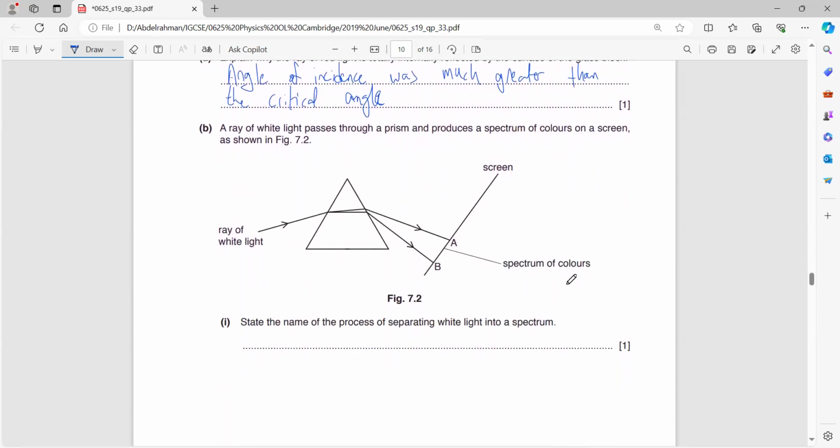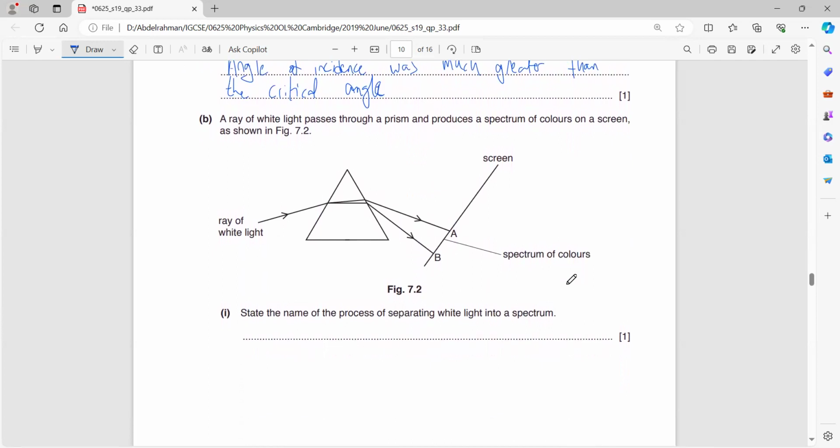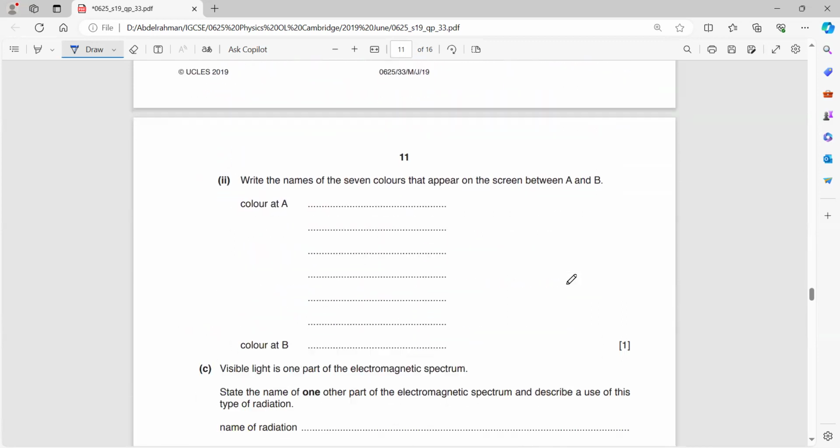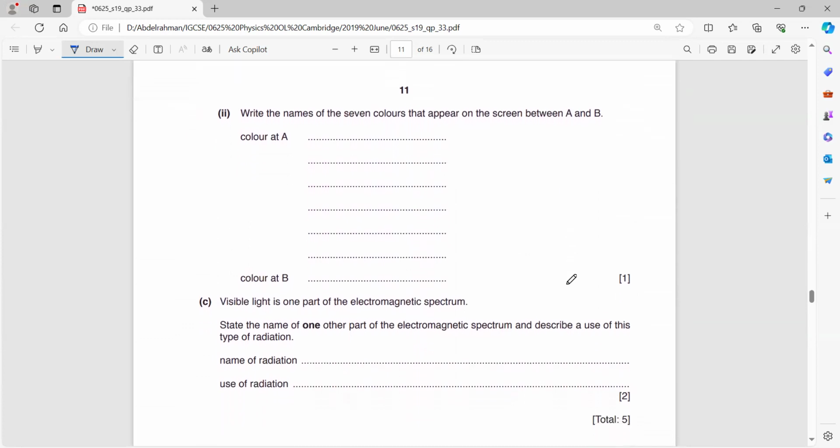A ray of white light passes through a prism and produces a spectrum of colors on a screen. State the name of the process of separating white light. What is the process? Dispersion. Dispersion, yes. Good. Write the names of the 7 colors.